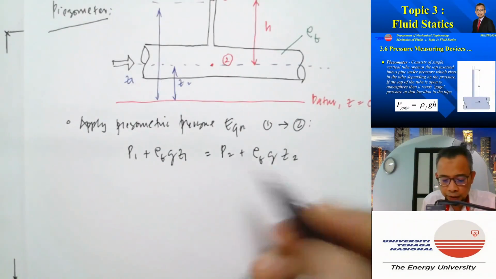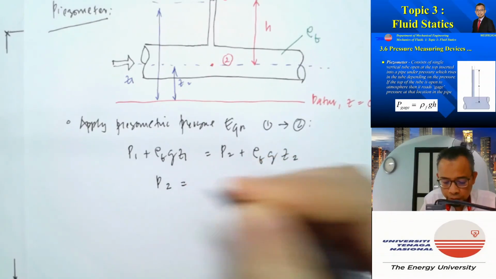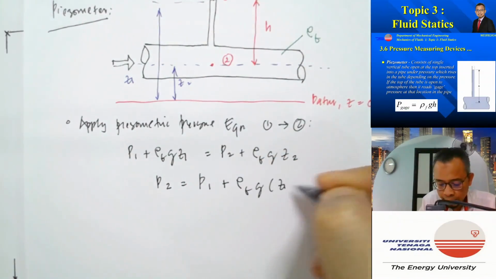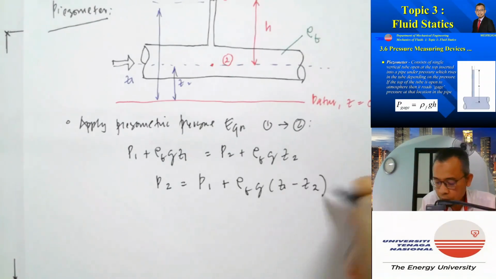So from here we can obtain P2. P2 is equal to P1 plus rho fluid G (Z1 minus Z2).